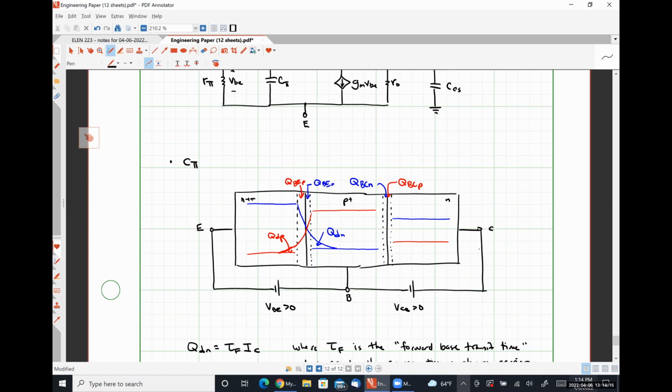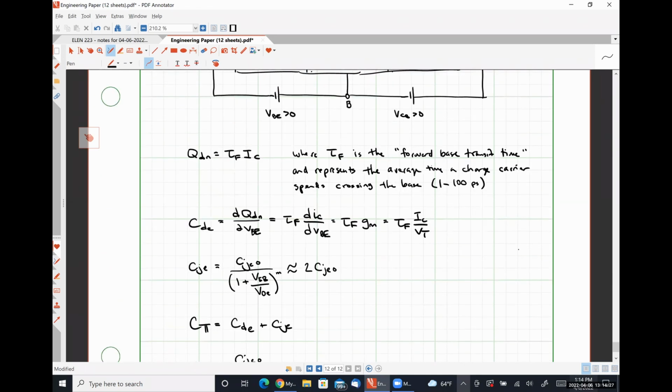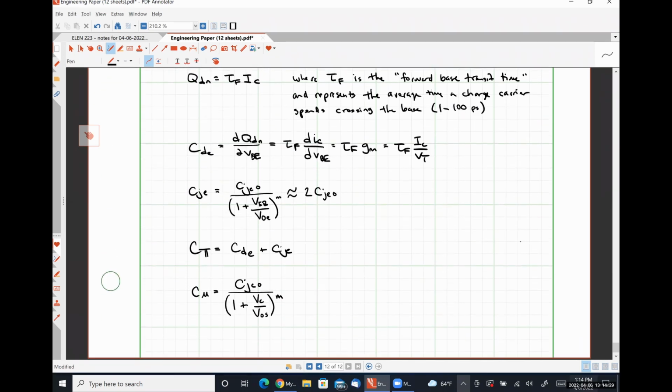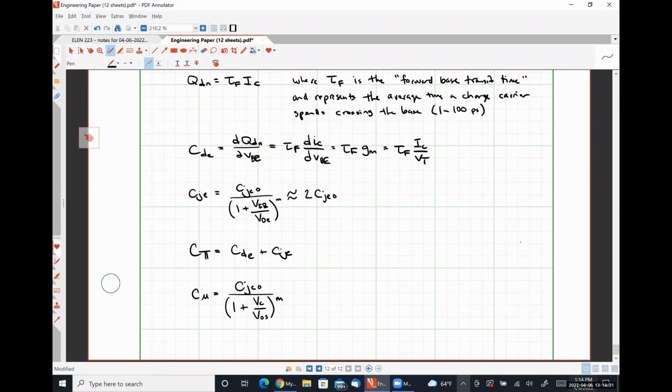The last one that we have to deal with is related to the junction capacitance that we see with the substrate of our device, okay?